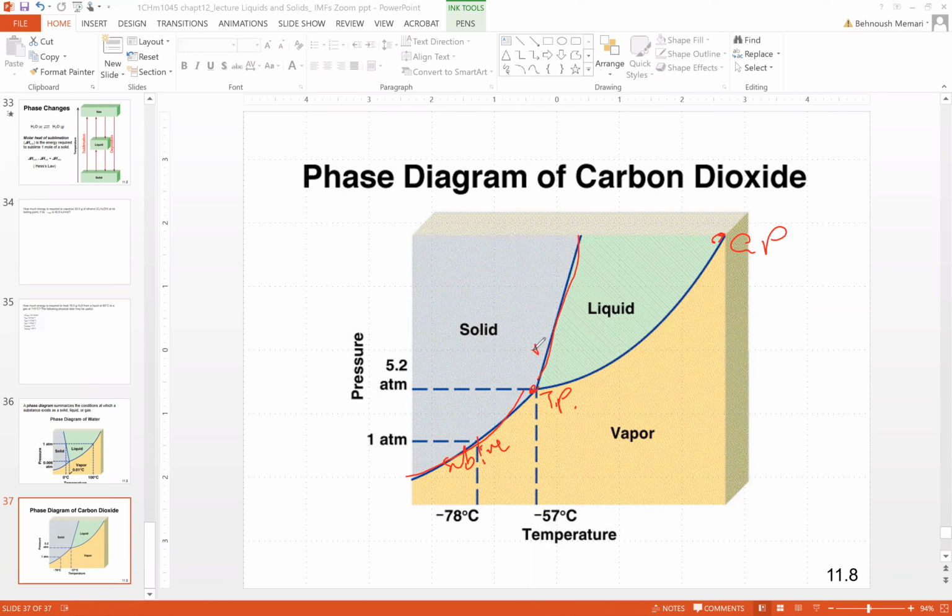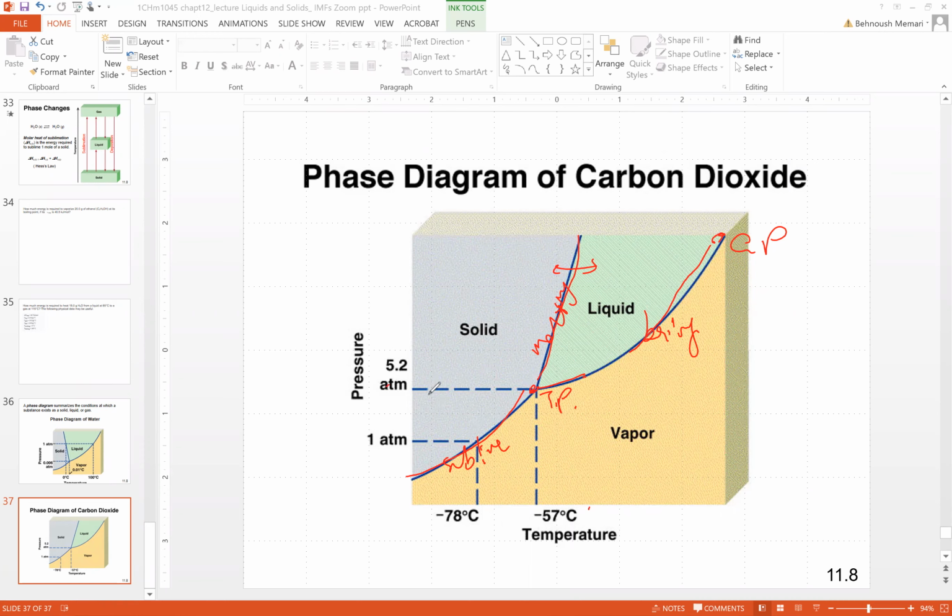When I say melting, you already know that melting and freezing take place at the same time, solid, liquid, and then this part is boiling. Boiling takes place under this condition. This is just a condition at this pressure and this temperature you have.